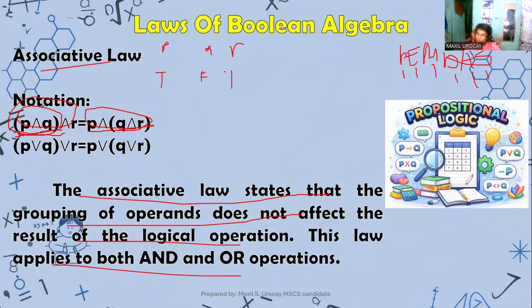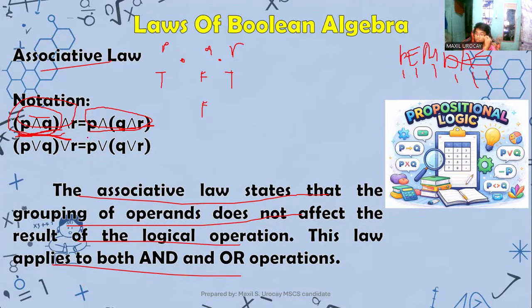Say, for example, P is true, Q is false, and R is true. Now, we will use this first: P and Q and R, where AND is multiply. We work on the parentheses first. P and Q, true and false, will become false.